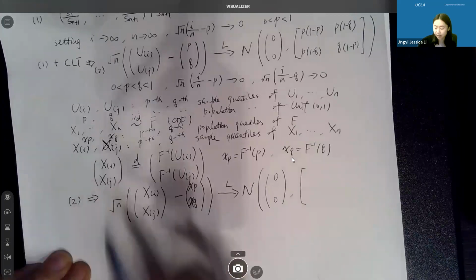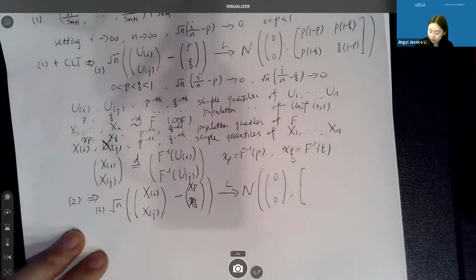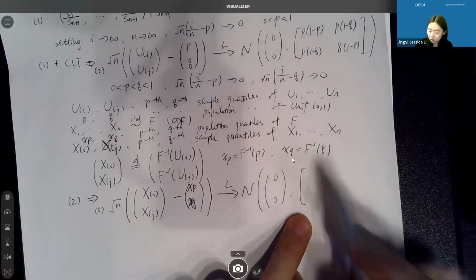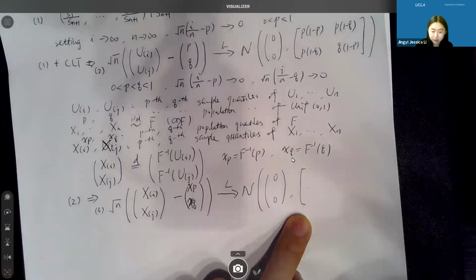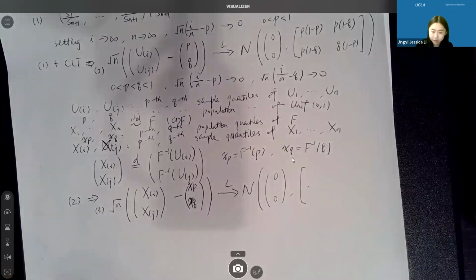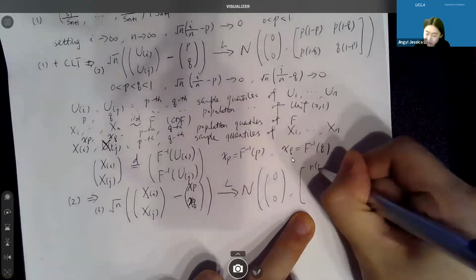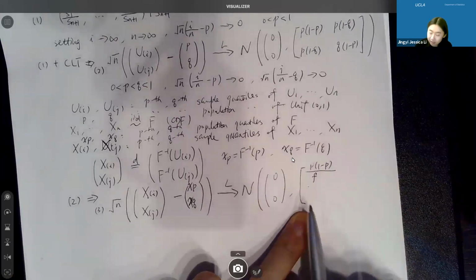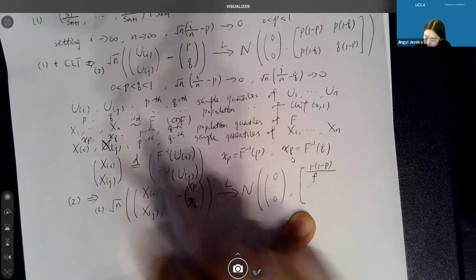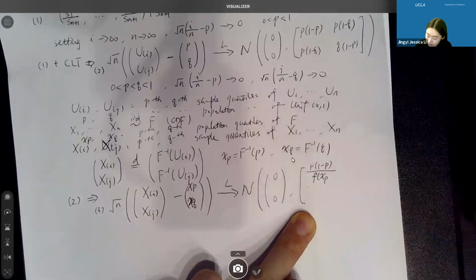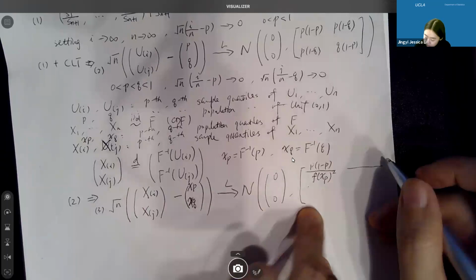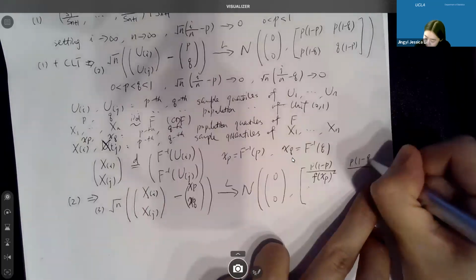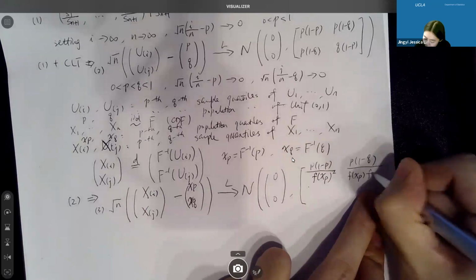And let's call this result 3. And that's our final result. So by the delta method, we would change the corresponding covariance matrix. And it turns out to be just a very nice form. So we just scale it, P times 1 minus P, scaled by the density function, which is the derivative of the CDF function. The density evaluated at the population quantile Xp squared. And for the covariance it is P times 1 minus Q, f(Xp) times f(Xq).